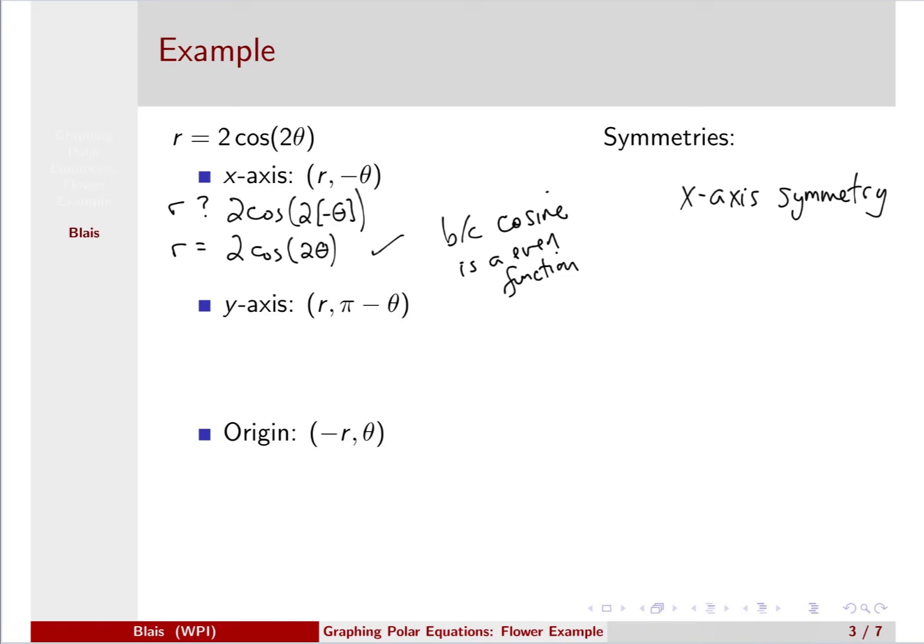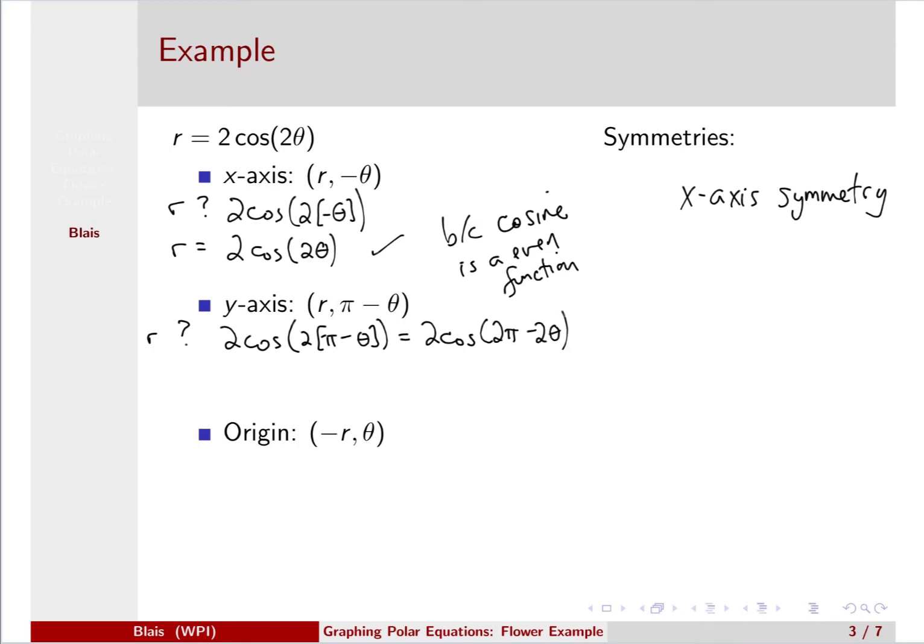What about y-axis symmetry? Well, let's check replacing r and theta with r and pi minus theta. If we do that, on the right we have 2 cosine of 2 times the quantity pi minus theta, or 2 cosine of 2 pi minus 2 theta.